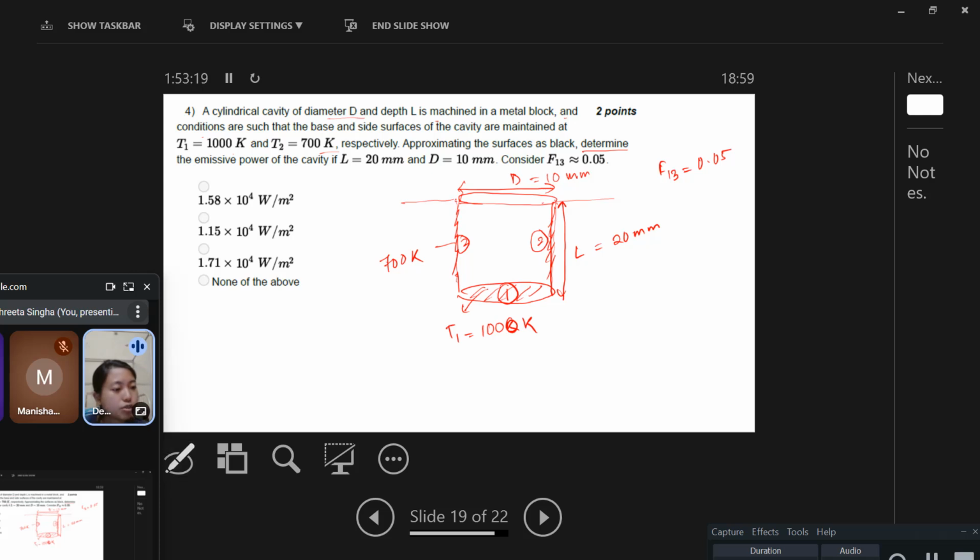Determine the emissive power, that is EB. Now, this top surface they have not named, so we consider it as surface 3. This is 1, the curved surface is 2, and the top surface is 3.